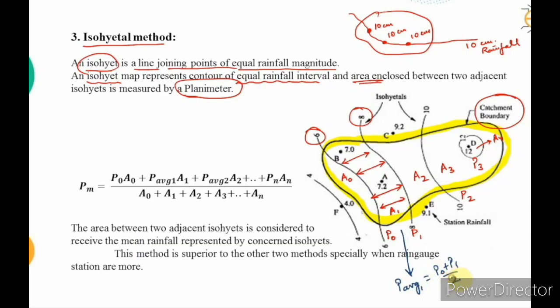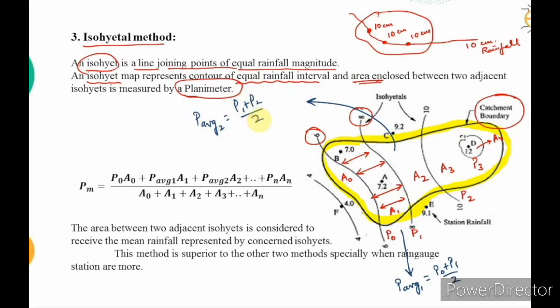That is written as P average 1 equals P0 plus P1 divided by 2. Similarly, between P1 and P2 rainfall, we have P average 2 equals P1 plus P2 divided by 2.